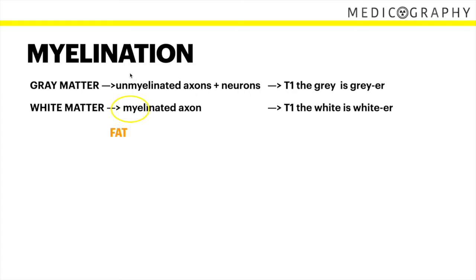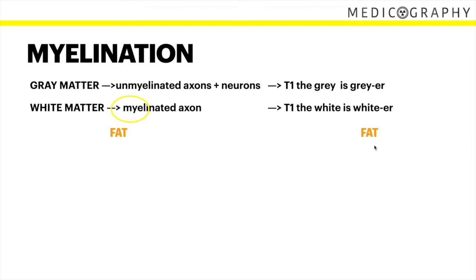It's heavy with cells, so it's more like dense and grayer. And that is why you have to remember, instead of looking at the CSF color, you can always look at the white and gray matter on T1: the gray is grayer, just like the name, and the white matter is whiter, just like the name, because it is fat. Fat is hyperintense on T1.